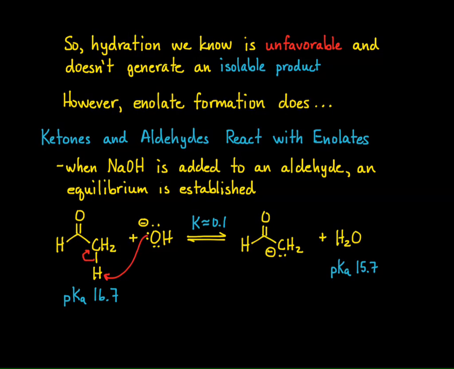Now, what does that mean? Well, it means that essentially for every one enolate, you have about 10 aldehydes present, right? But let's think about what's now in that solution. We have aldehyde present, but we also have enolate present, and it's not an insignificant amount of enolate that's present.